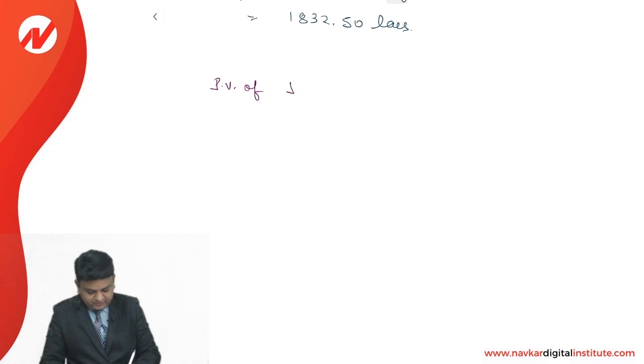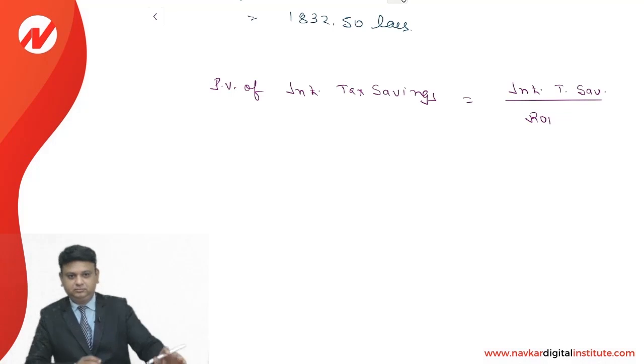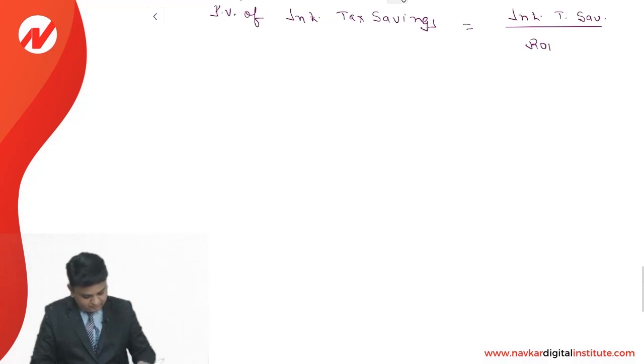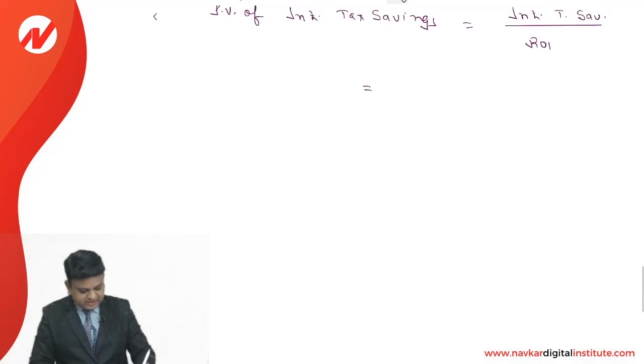Present value of interest tax saving can be calculated as interest tax saving divided by rate of interest. So interest tax saving is found as interest into tax rate, divided by rate of interest.